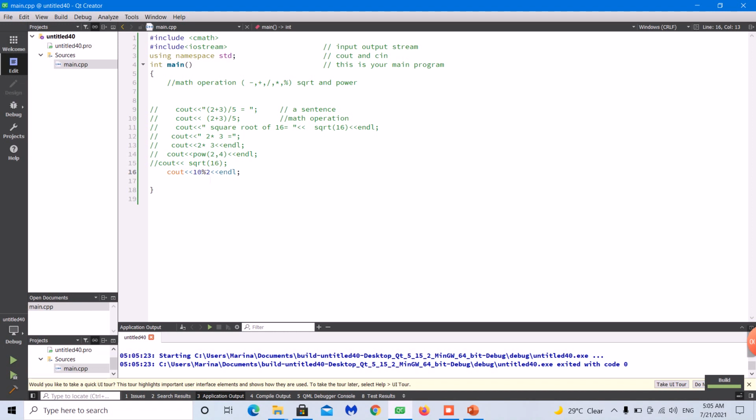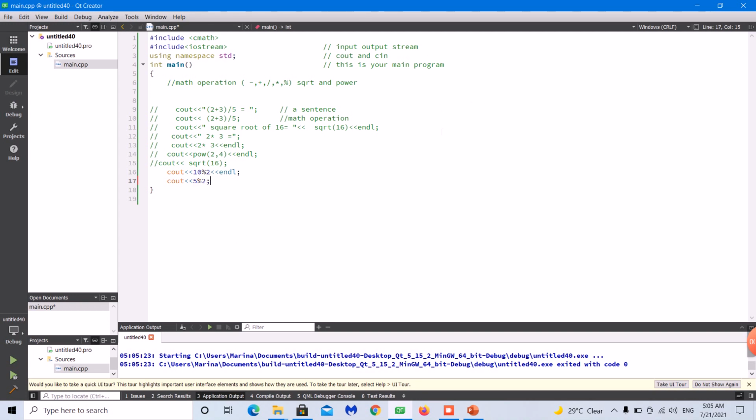If you don't know the long division, then if I said 10 divided by 2, it's going to be 5. So 5 times 2 is going to be 10. So 10 minus 10 is going to be 0. But if I said, like before, cout 5 mod 2, it's going to be 1.